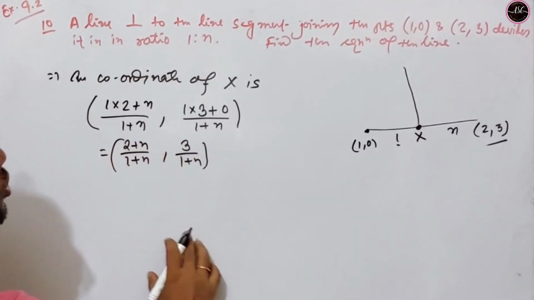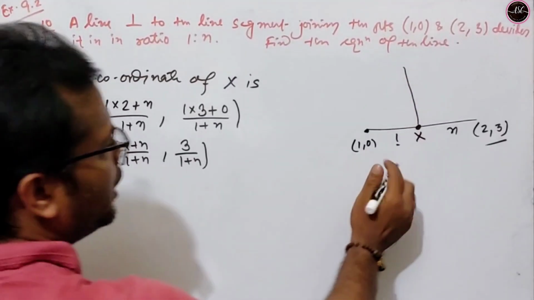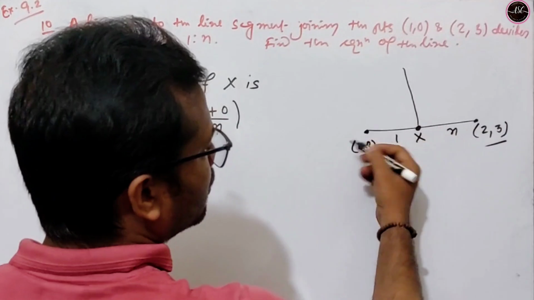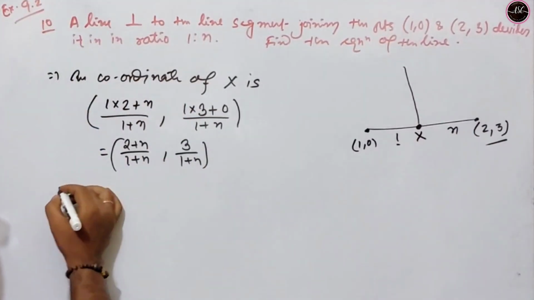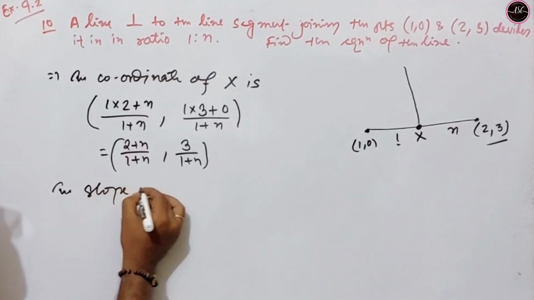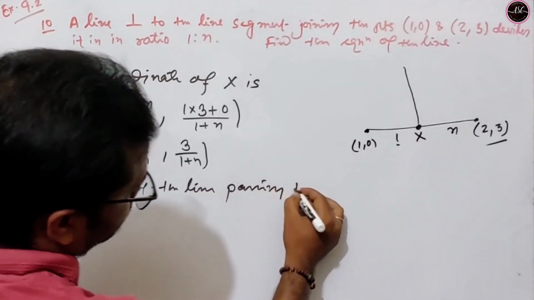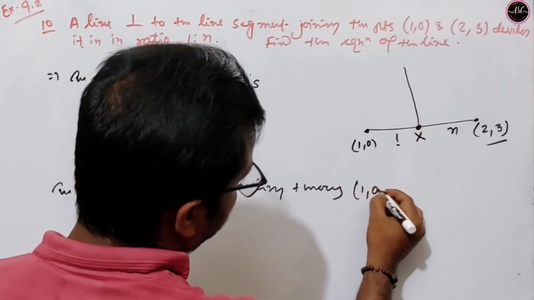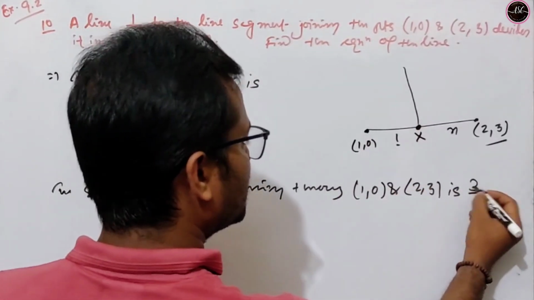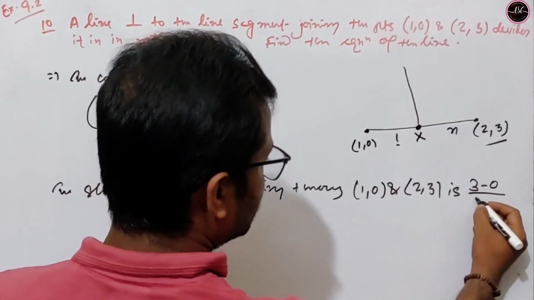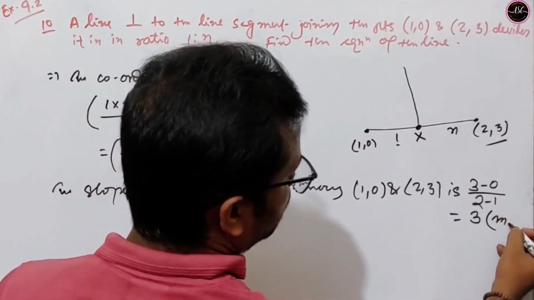So this line is passing through this point, and first we find the slope of the line which is passing through (1, 0) and (2, 3). The slope of the line passing through (1, 0) and (2, 3) is y2 minus y1, that means 3 minus 0, divided by x2 minus x1, that means 2 minus 1, that means 3, equal to m1, let.